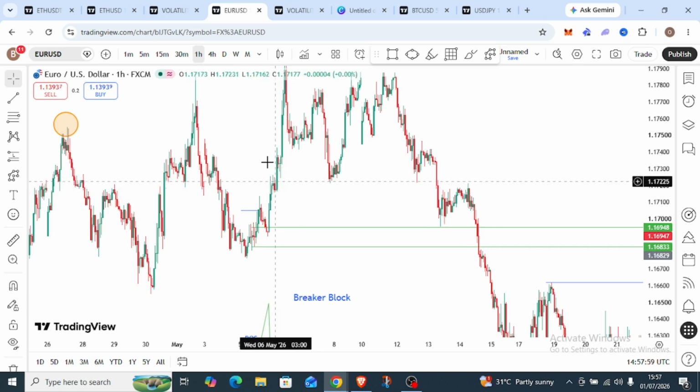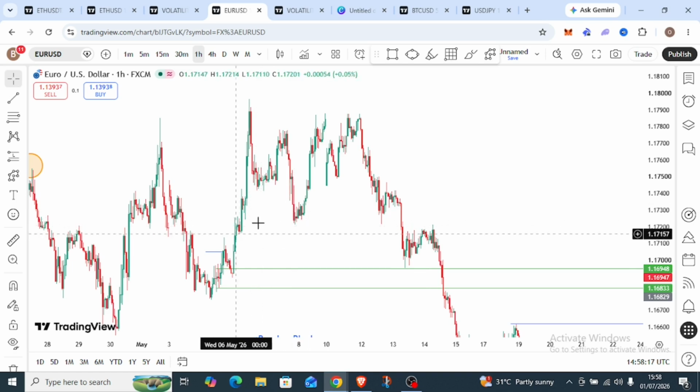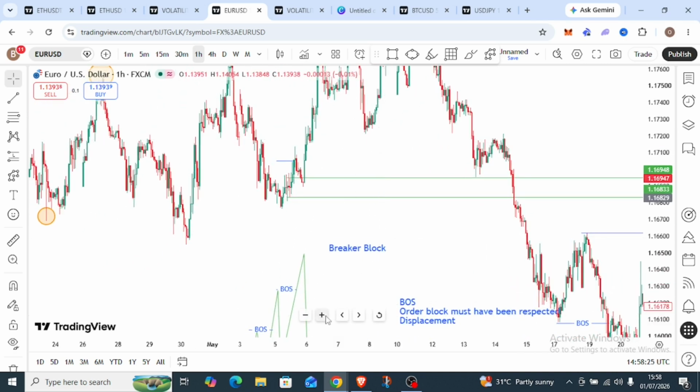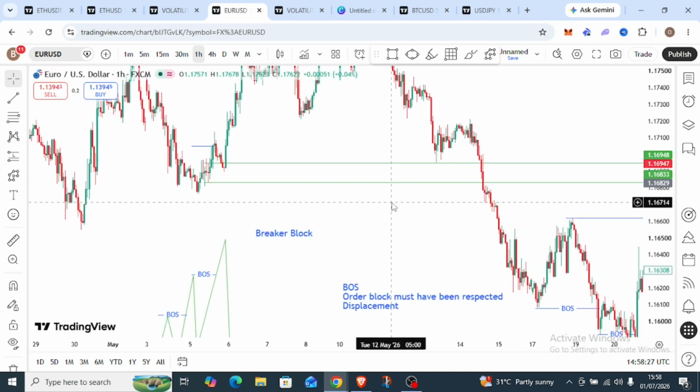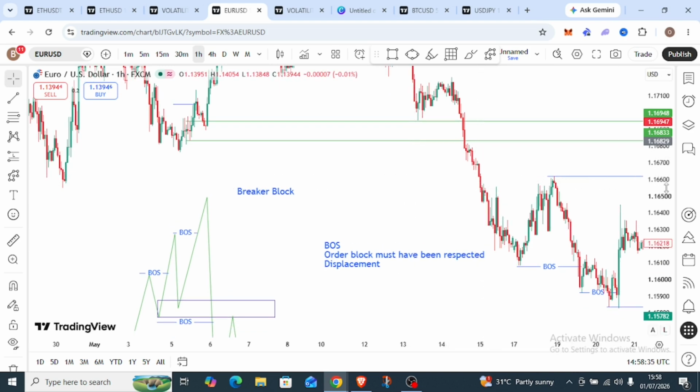You see this pullback, this order candle did not mitigate. There is no break of structure that came back and that price moved from to mitigate this order block here. So this is not a breaker block. You see a series of failed order blocks that are not breaker blocks, but many people mark them as breaker blocks simply because they are failed order blocks.